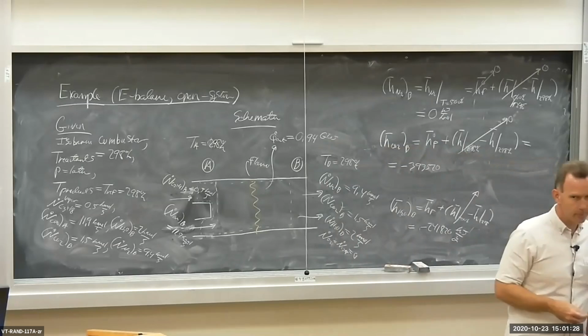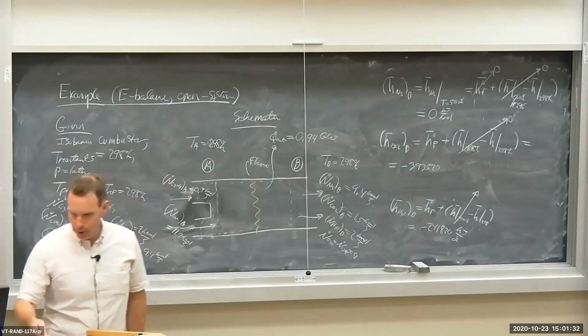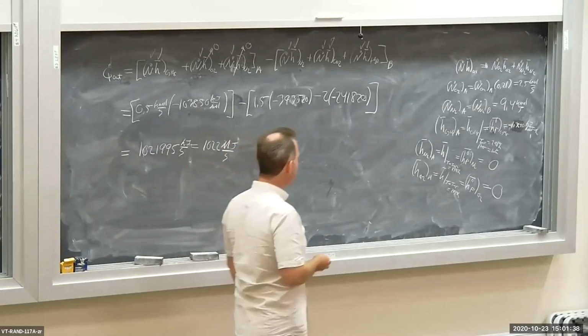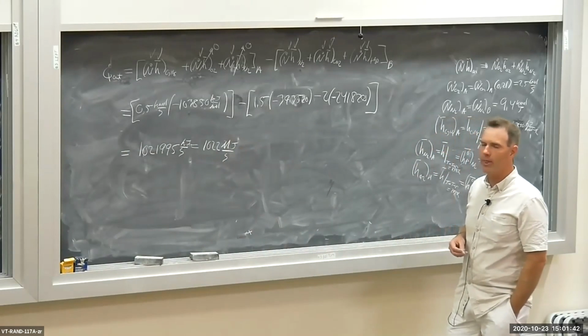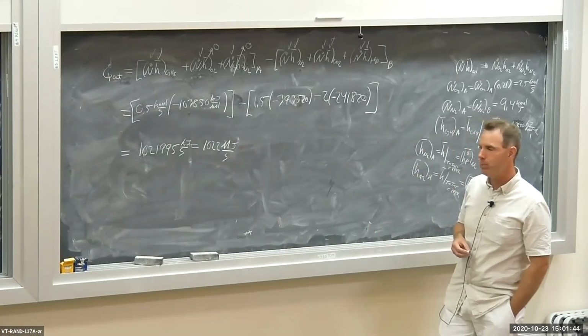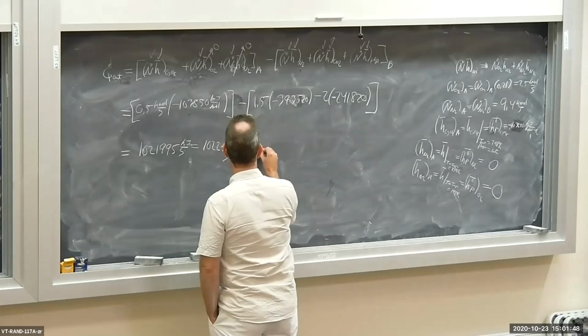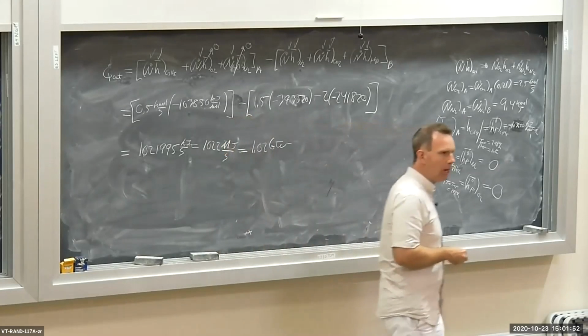Now, when I plug these new enthalpies into my energy balance, I find that the heat transfer rate, Q dot out, is now 1,022 megajoules per second, or if you like, 1.02 gigawatts. That's my heat transfer out.